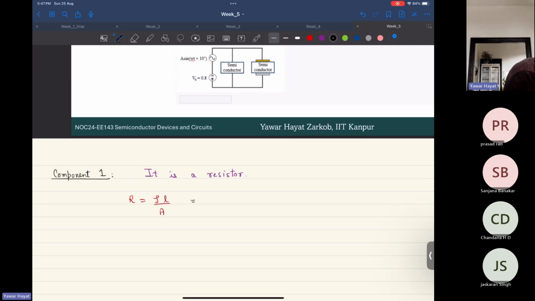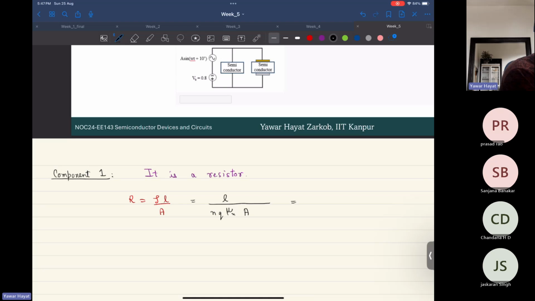So rho is 1 over sigma and sigma is N Q mu. So this would be L over N Q mu A.